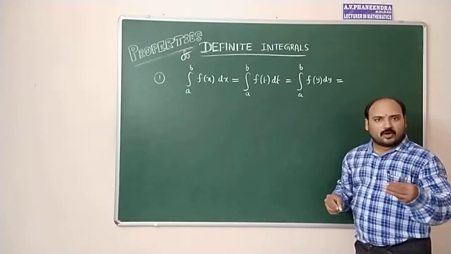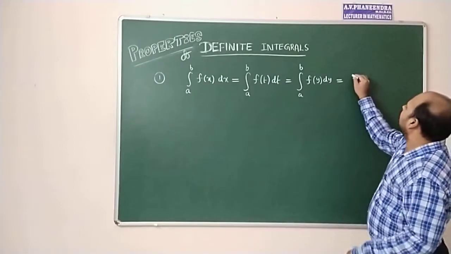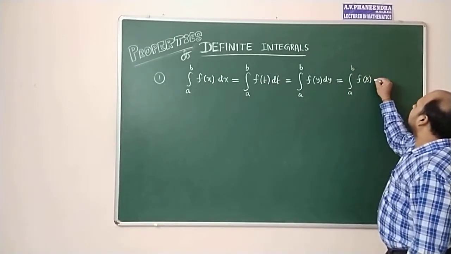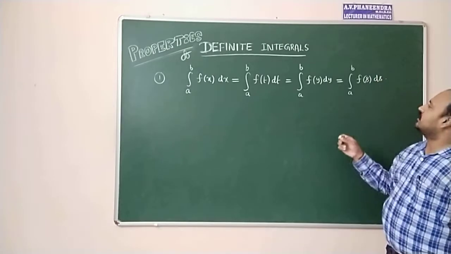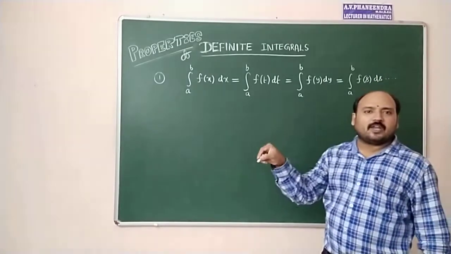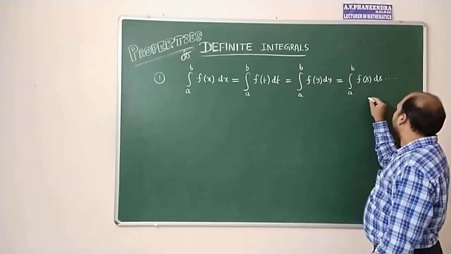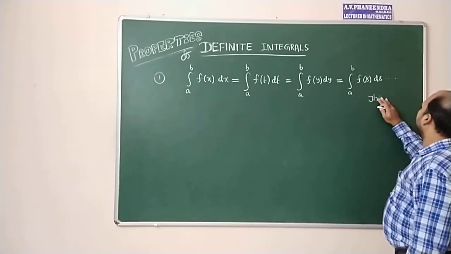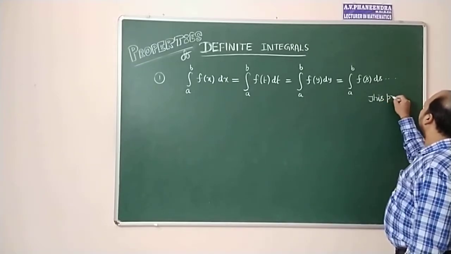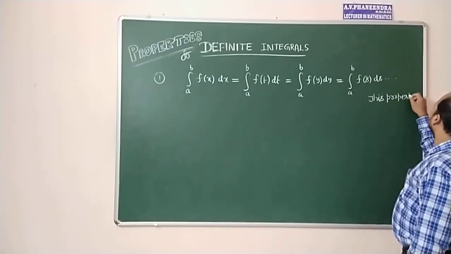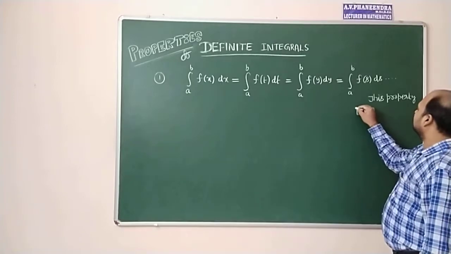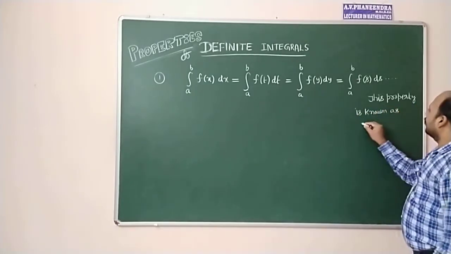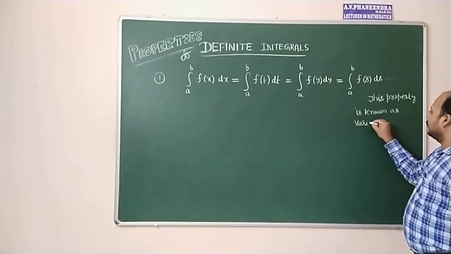Like this, if you want to write in terms of s, you can write integral a to b f of s ds. This property is known as variable change property.